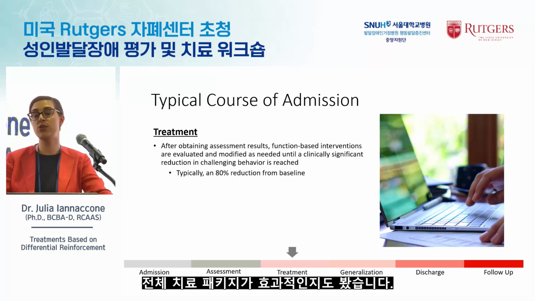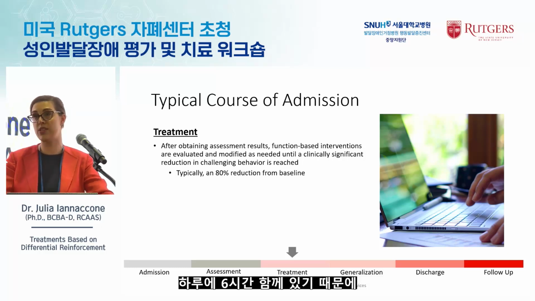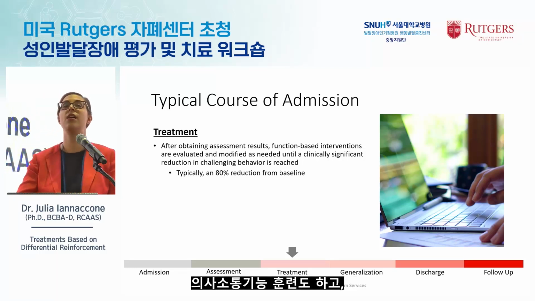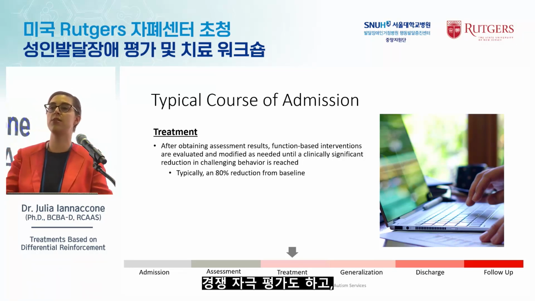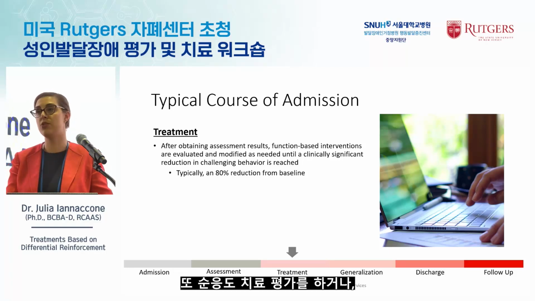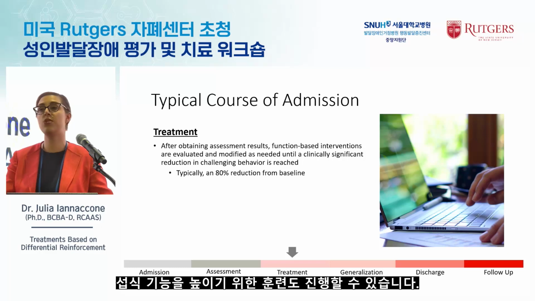And a lot of times we can do multiple things a day. I mean, they are with us for 6 hours a day, so we could do some sessions of functional communication training, and then we can do some sessions of the competing stimulus assessment. We could do some sessions of a compliance treatment evaluation. We could also be doing skill acquisition programs for feeding skills during the IOP.